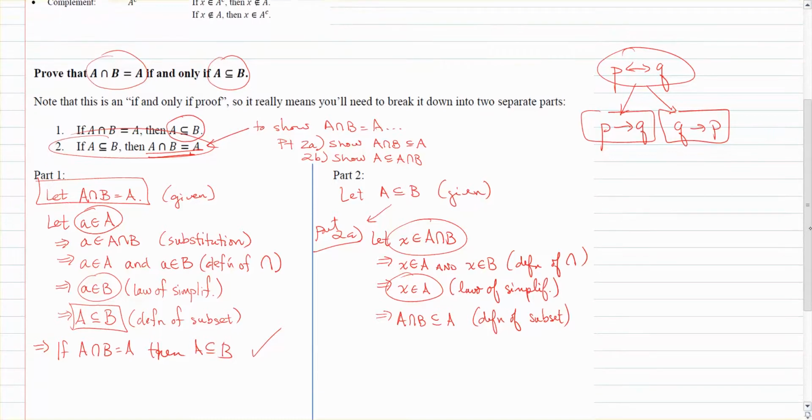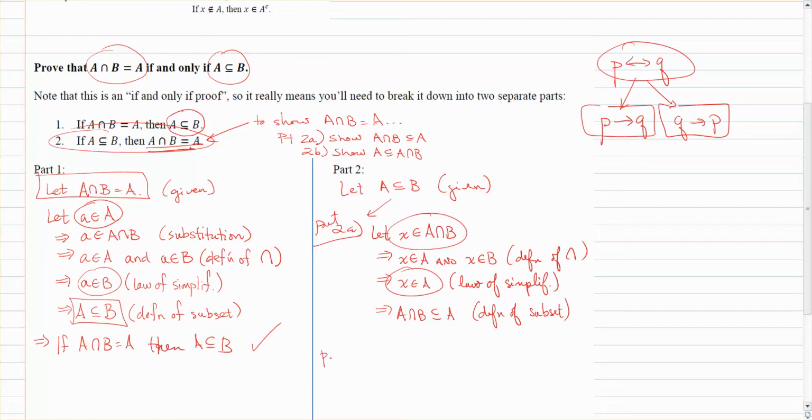Now we need part 2B, which is to show the opposite. Show that A is a subset of A intersect B. Okay, so let me erase that. There we go. So I'm going to say, let X be in the first set now. Okay. Now we want to show that X has to be in the second set.